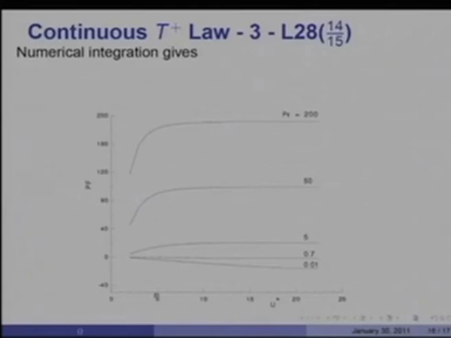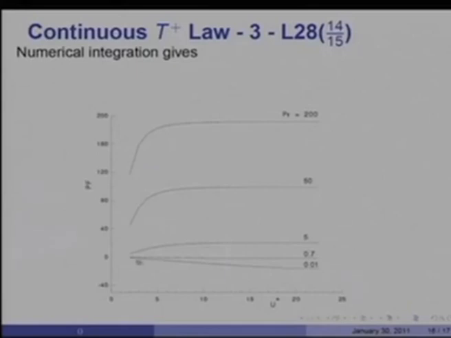Up to u+ equal to 5, you have the laminar sublayer, and you do get the resistance to heat transfer in excess of momentum transfer even in the laminar sublayer. This is at Prandtl number of 50, this is at Prandtl number of 5. At Prandtl number 1, it's all 0, there is no excess resistance, and as we observed earlier, you will have perfect analogy between heat and momentum transfer.